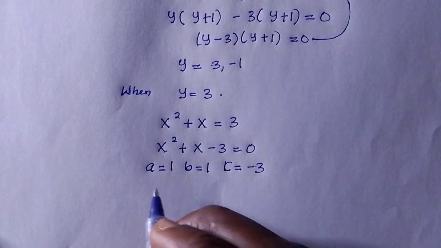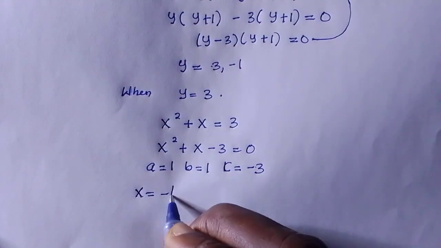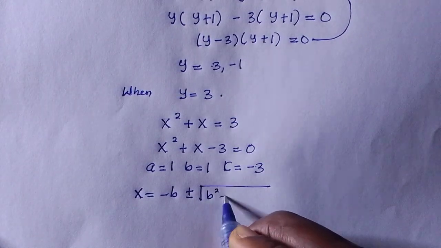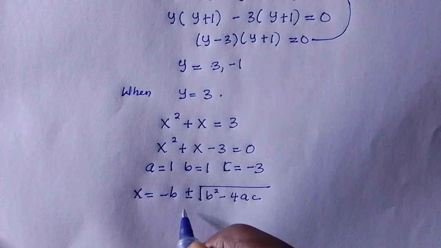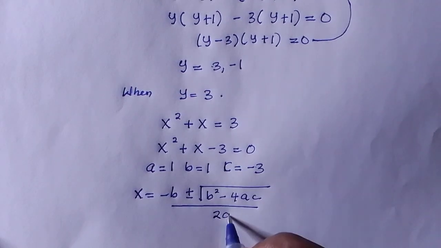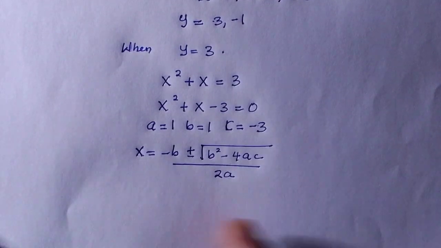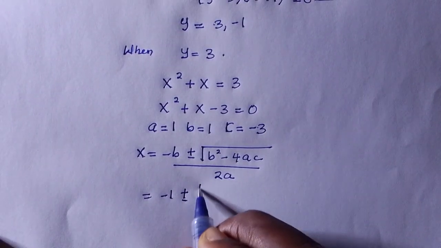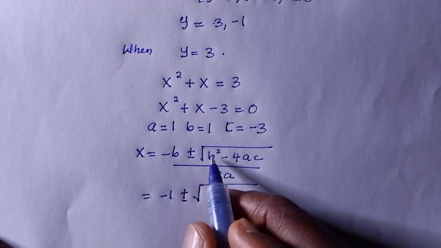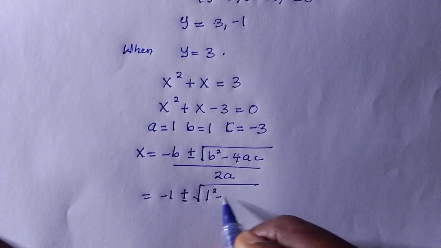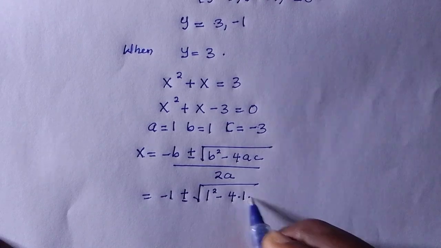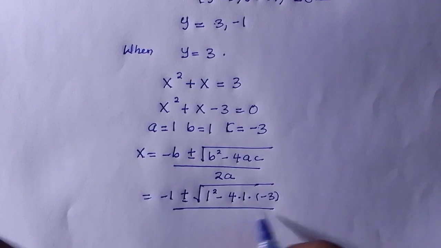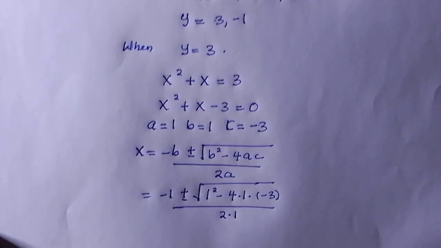So we substitute this in the formula, which is x = (-b ± the square root of (b squared - 4ac)) divided by 2a. By substituting, we have (-1 ± the square root of (1 squared - 4 multiplied by 1 multiplied by -3)) divided by 2 multiplied by 1.